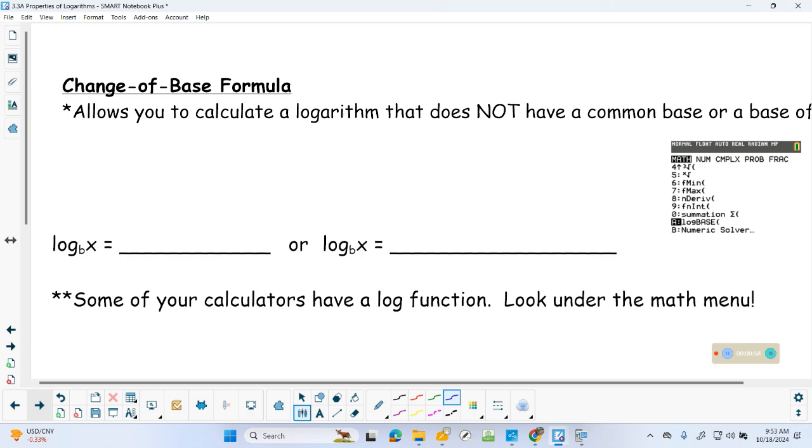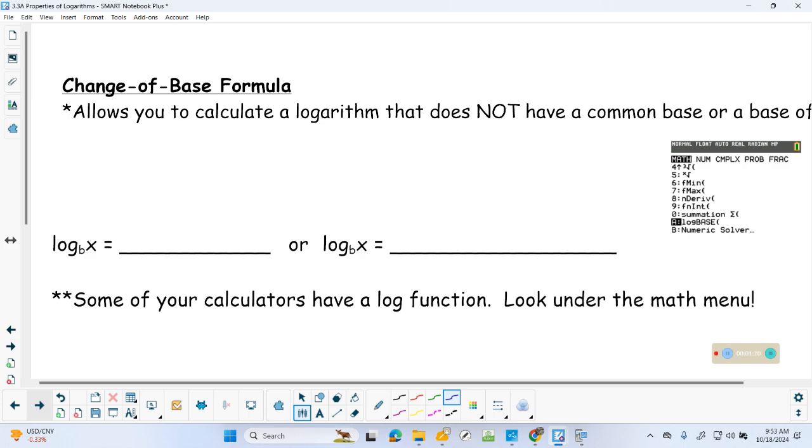Now, this is one of those things I always kind of even question, is this worth showing you? Because most of you have graphing calculators that have this log-based function in it, but just for the record, if you don't have a base of 10, let's say for whatever reason you don't have your graphing calculator with you, you just have a little scientific one, I can still do a log in a different base on my scientific.